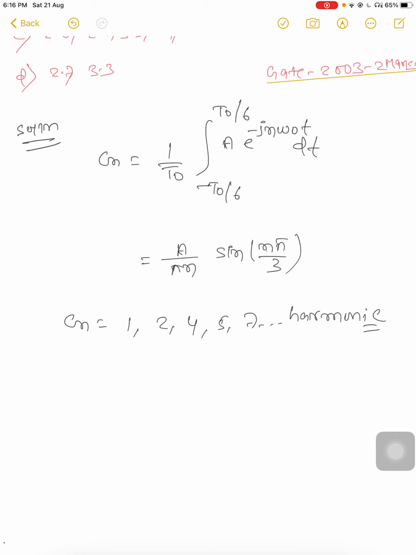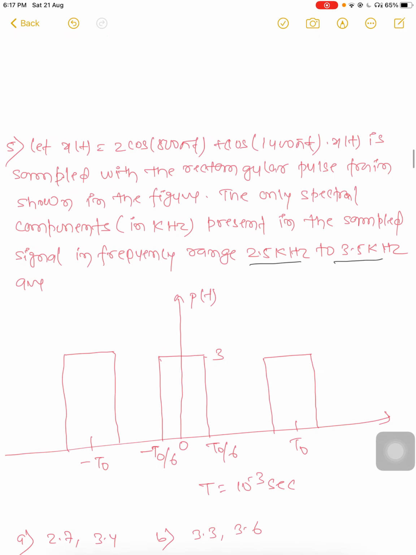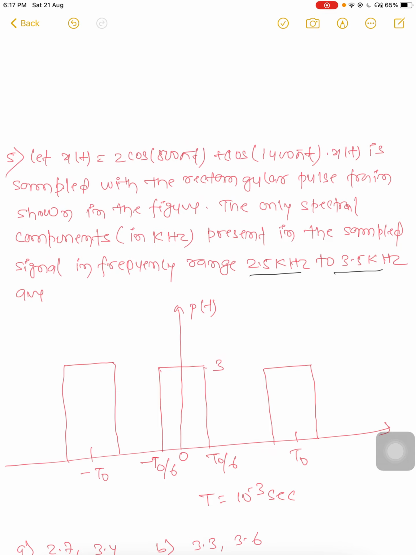So the harmonics present, corresponding to 1, 2, 4, 5, 7, are 1 kilohertz, 2 kilohertz and 4 kilohertz, because it's given.